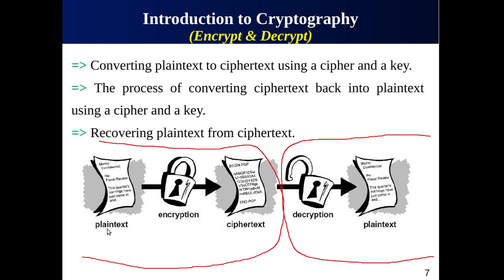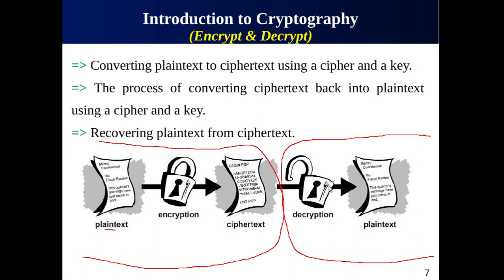If you see here in the plain text, we have a readable text: memo, confidential, review, etc. Then we encrypt the text and convert it into something not understandable. You see here Begin PGP, PGP is the name of the protocol, and then End PGP. Now this is the ciphertext in encrypted form.